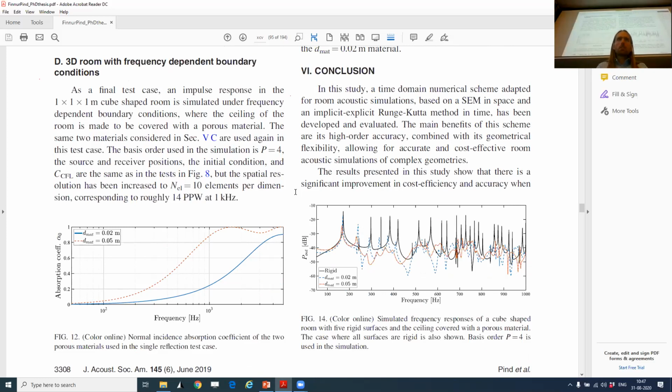Does there exist an analytic solution for that case? Well, for the single plane surface, you use the solution by Thomasson. And you are lucky enough to simulate just a single absorbent surface in a cube-shaped room.